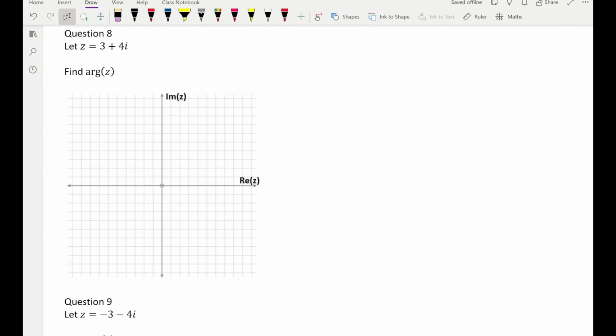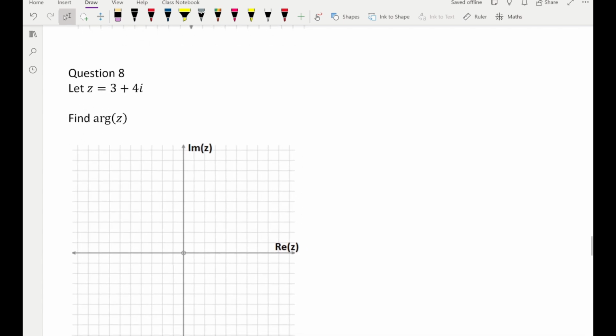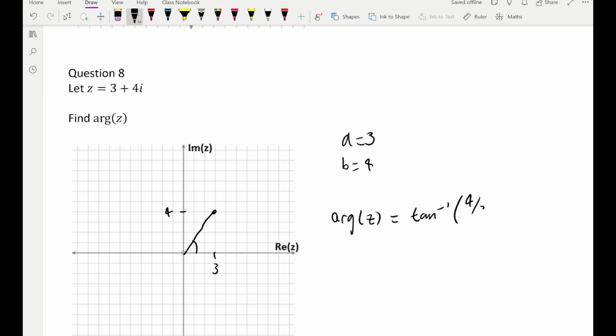All right, next, z equals 3 plus 4i. We need to find the argument of z. 1, 2, 3, 4. Here we go. And we're looking for that angle. So a is 3, b is 4, and the argument of z is going to be inverse tan 4 over 3.